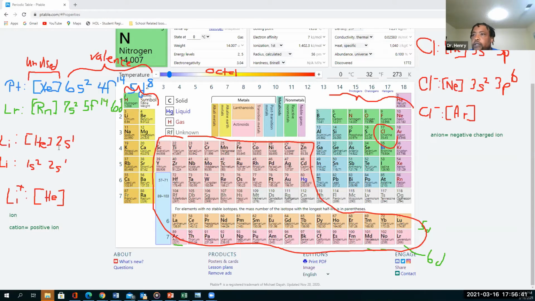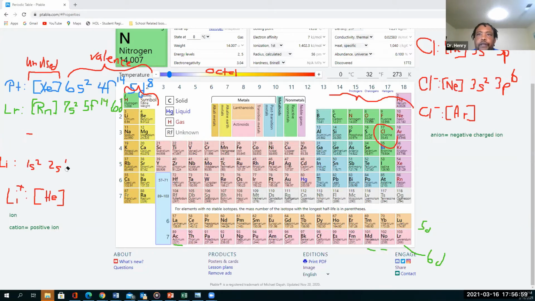Now when we start talking about the transitional metals, we'll start off with one of the ones we have up here. Do you guys mind if I erase a little bit, get rid of this lithium?